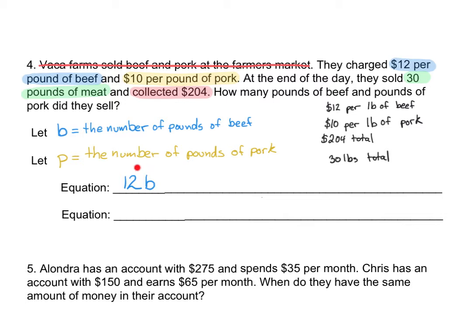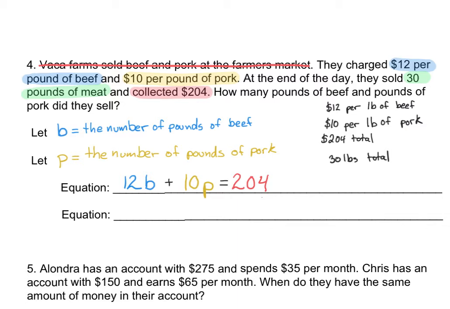So we've got the price per pound of beef times the number of pounds of beef, and that will give us the total money earned from selling beef. Next, I'll do the same thing with the pork. I know that it's $10 per pound of pork, and I have P pounds of pork. I'm adding those things together because I'm selling the beef and the pork, and together I made $204. So I set this sum equal to 204. Great, one equation down, one more to go.